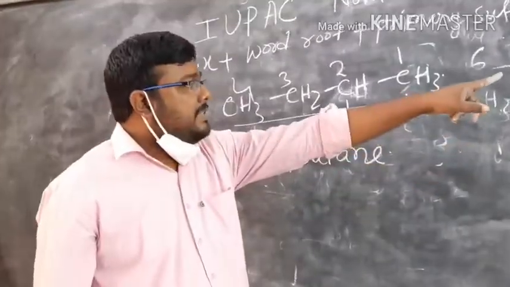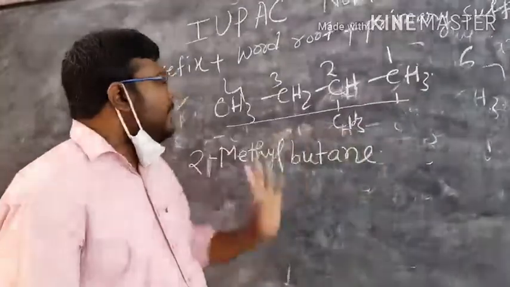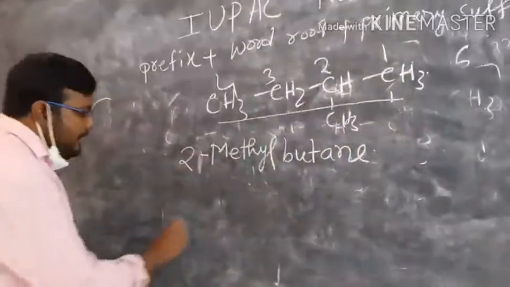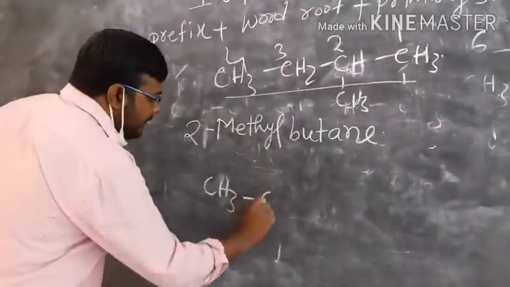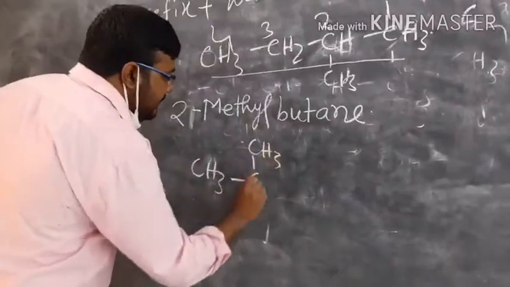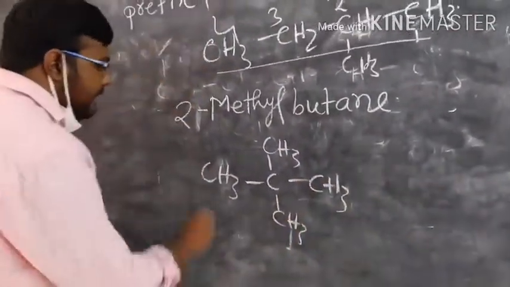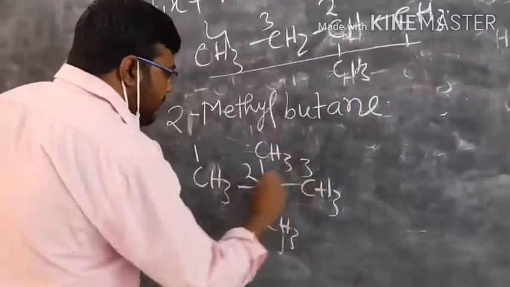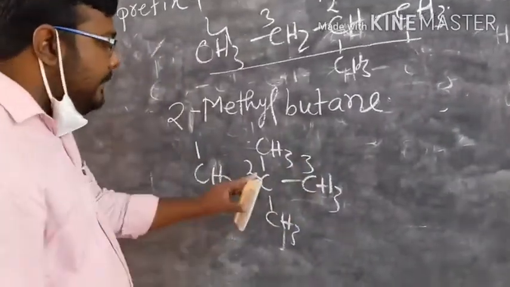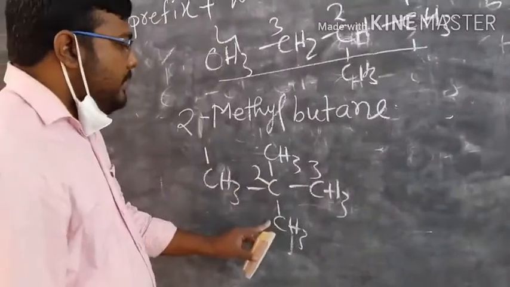And obviously, there is no functional group, so there will be no secondary suffix. Now, if we consider this one, CH3, C, CH3, CH3, CH3, here 1, 2, 3. At position 2 there are 2 methyl groups.